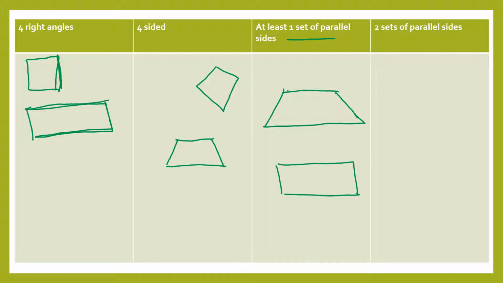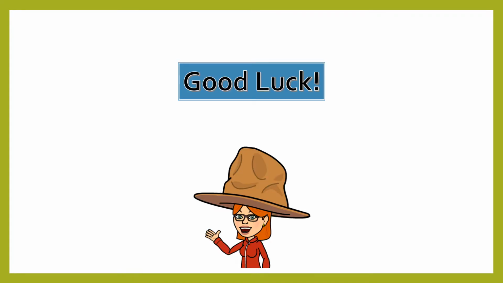Bam. Two sets of parallel sides. So that one could be a parallelogram. And then two sets. So not a triangle. We'll just do a square this time. Good. Now you get to sort some shapes too. Good luck!